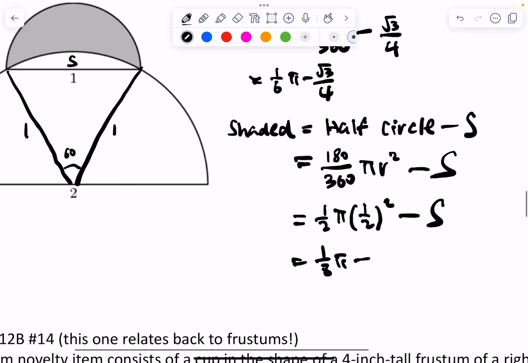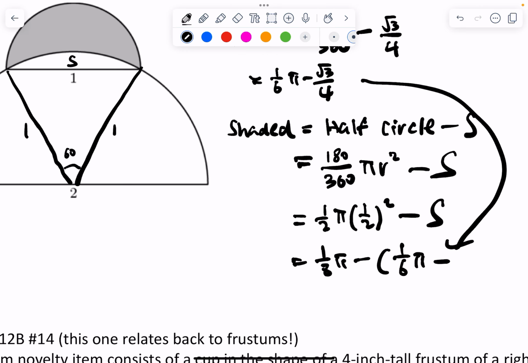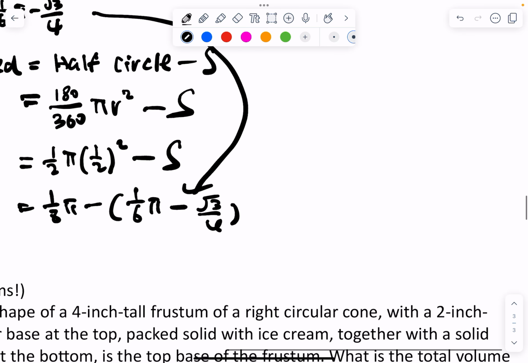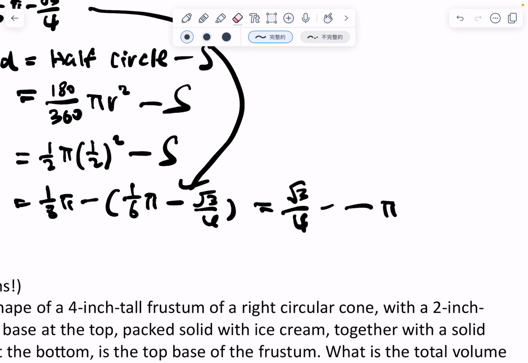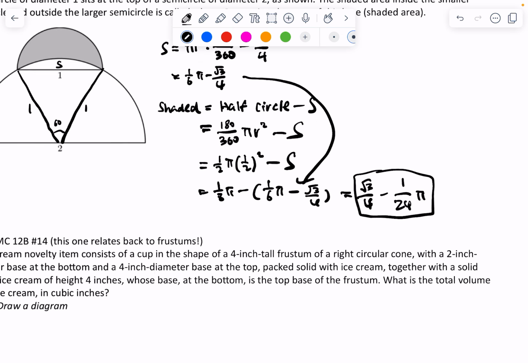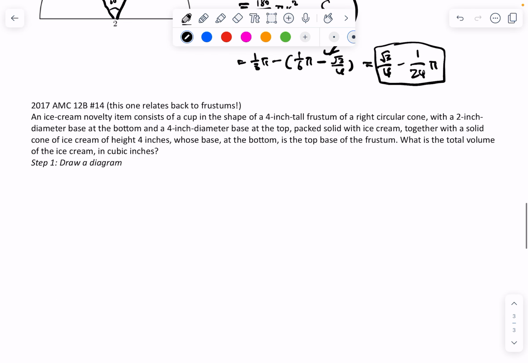And what is our S? Right, just plug it in here, and then you should get a final answer of root 3 over 4 minus 2 over 48 pi. Or, I'm going to simplify, 1 over 24 pi. This should be your final answer. Okay.